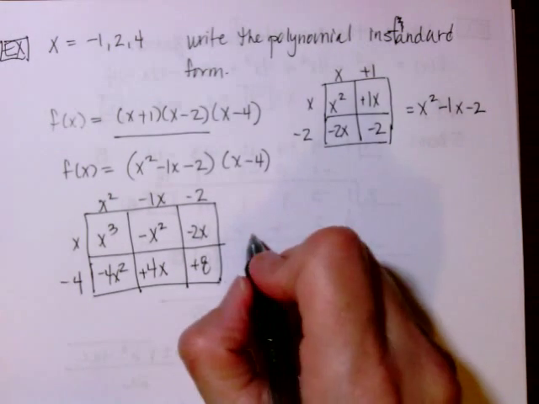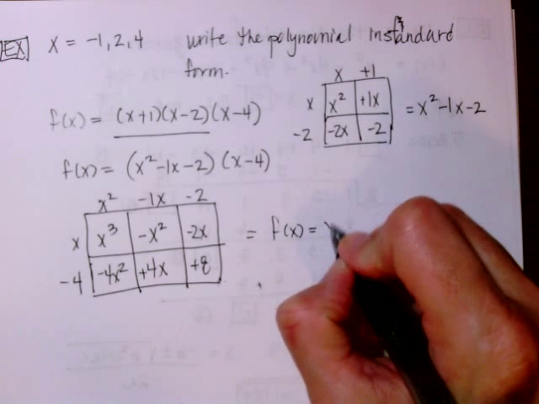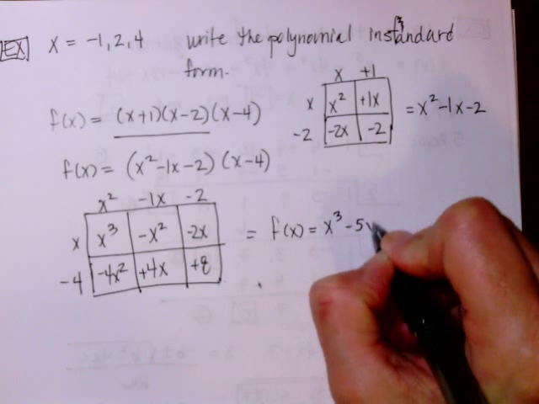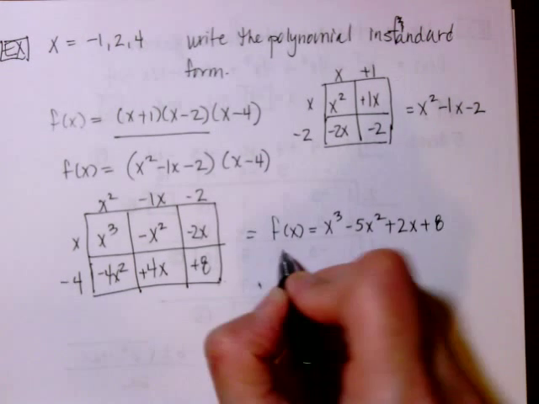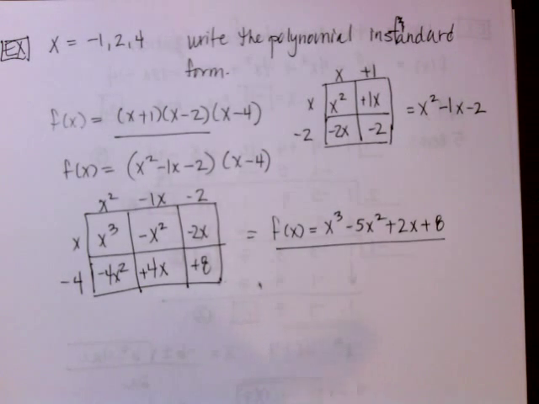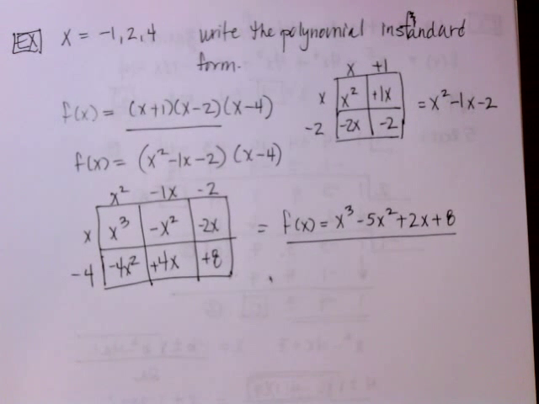Alrighty, we're almost done. Simplify that mess, and I get f of x is equal to x cubed minus 5x squared plus 2x plus 8, and that is my polynomial in standard form. So that wasn't so bad.